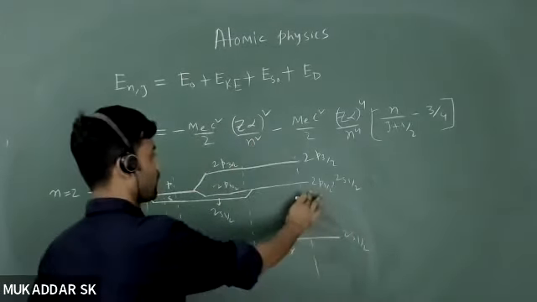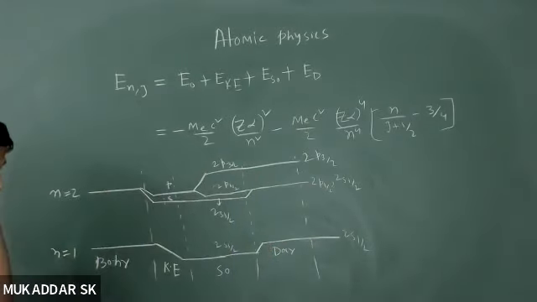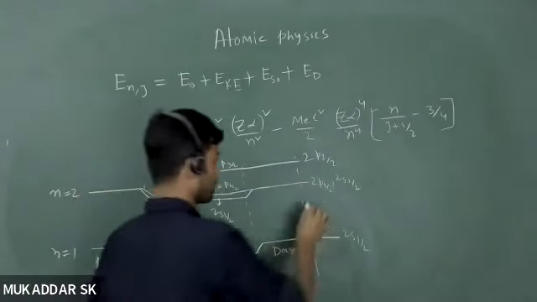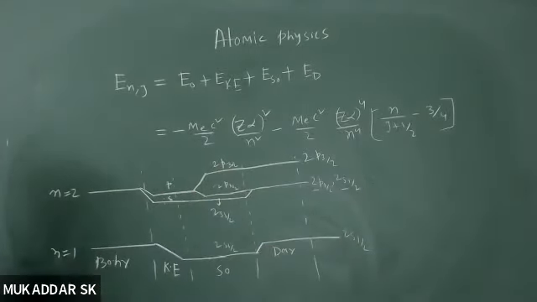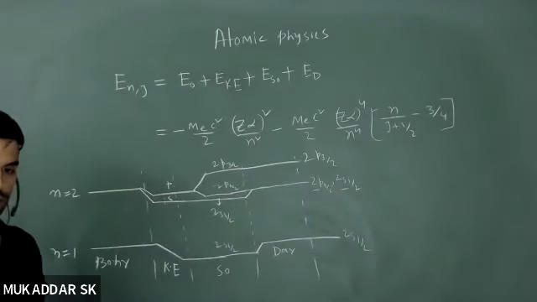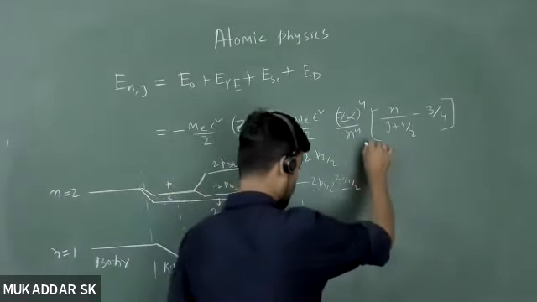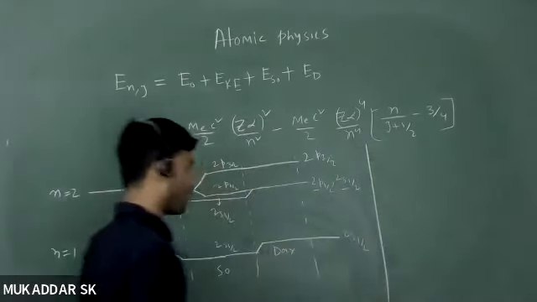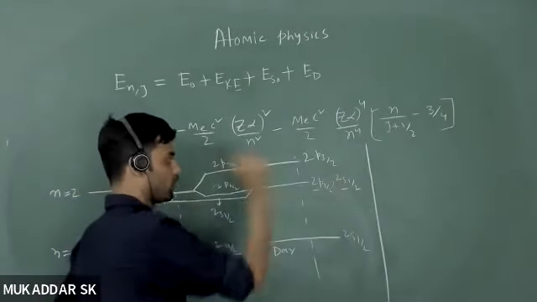Here 2 means multiplicity, not the principal quantum number. Okay, so you can clearly see these states are degenerate, right? 2P 1/2 and 2S 1/2 are degenerate states. But when Lamb performed his experiment, what he noticed is a shift between these two levels.